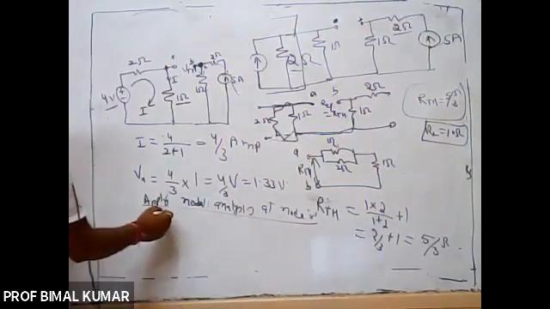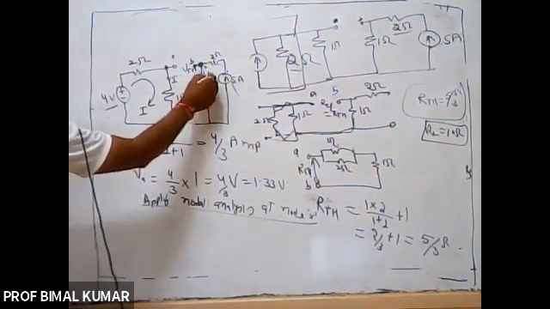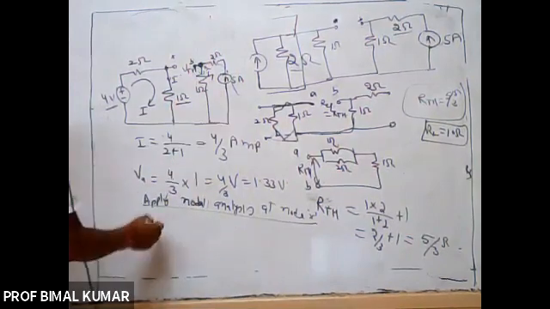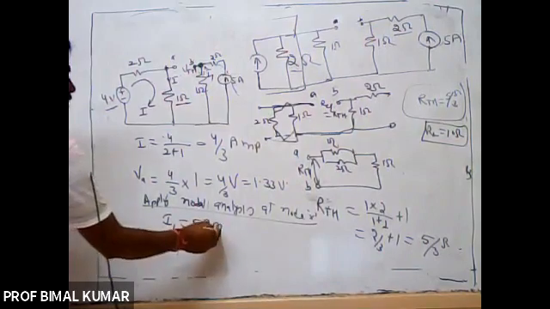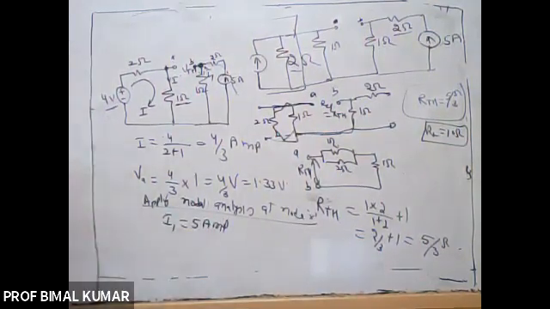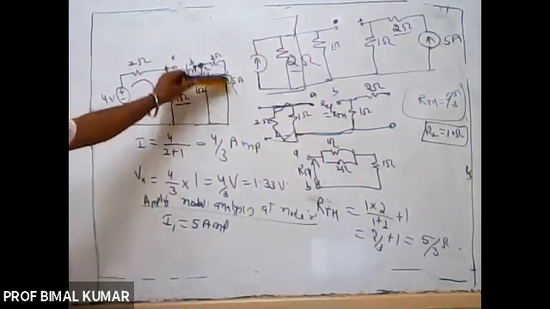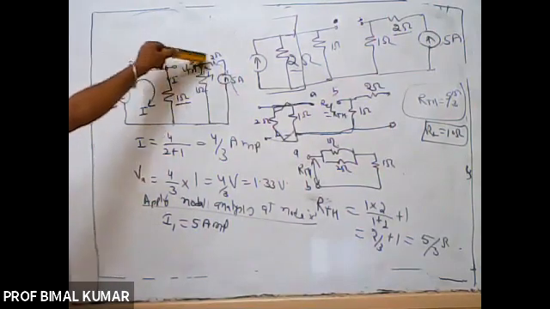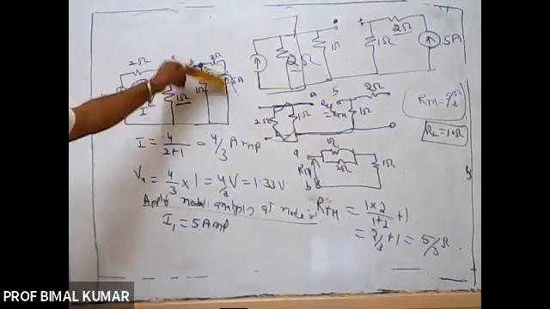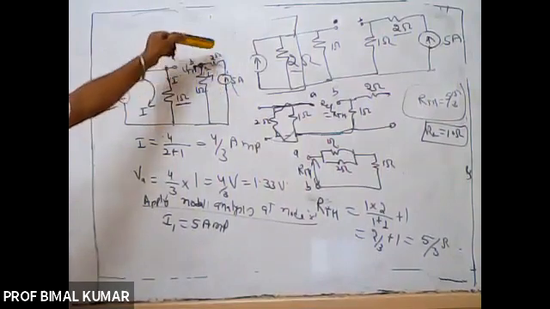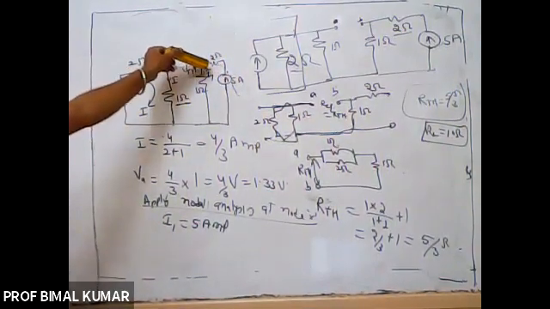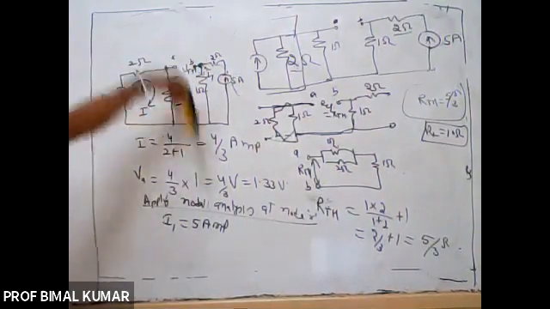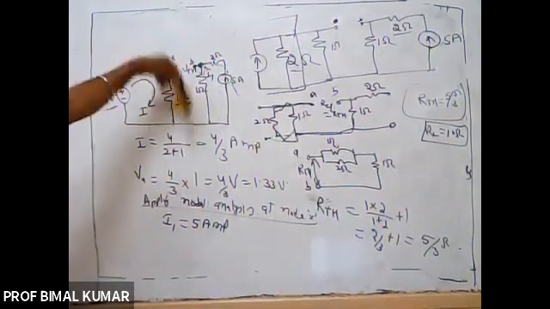So if the current in the 1 ohm resistance is I1, then I1 is equal to 5 ampere, because this is one branch, the 2 ohm resistance and the 5 ampere source are in series. So in the 2 ohm resistance, 5 ampere total current will be flowing, and at this point it will go in the downward direction.